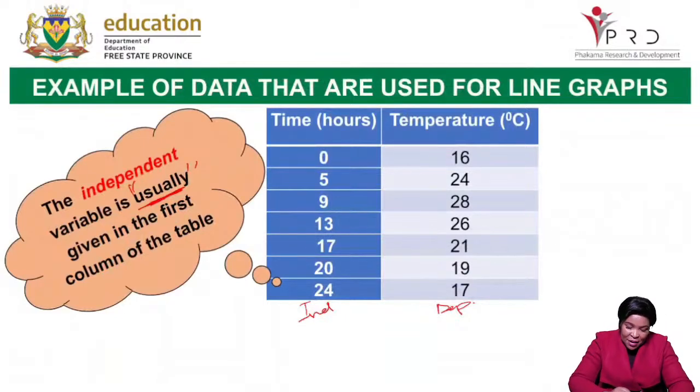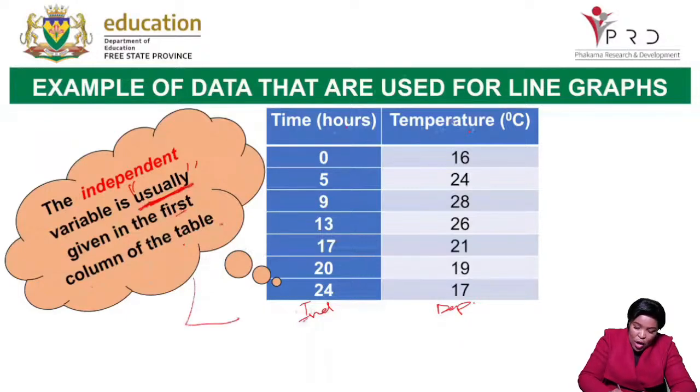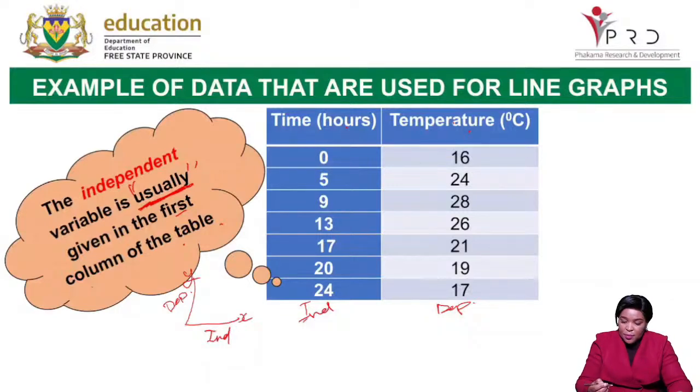So in this case, in terms of time in hours and the temperature, time is going to be our independent variable because it is in the first column of the table. Then the second column will therefore be our dependent variable. Then you know that when you draw a graph, your independent variable goes on the x-axis, and on your y-axis, you have your dependent variable.